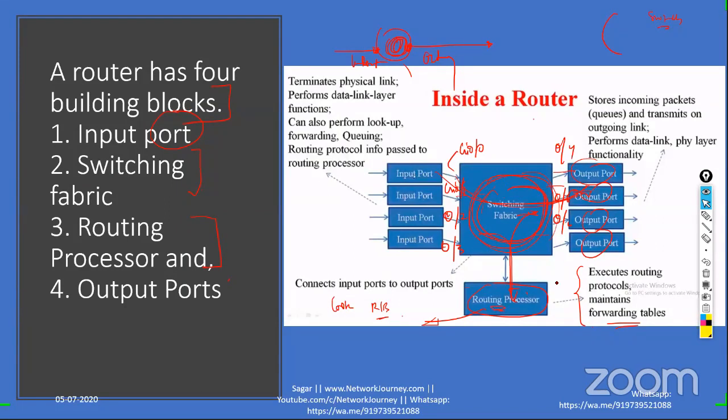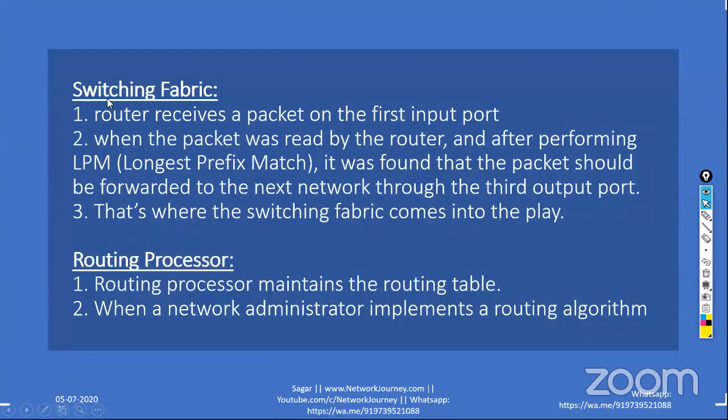So the routing processor is not going to directly connect with any of the outgoing ports. It's just a part within the router. It's only involved when the switching fabric sends a packet for a lookup, like a routing table lookup, and then it checks and pushes it.